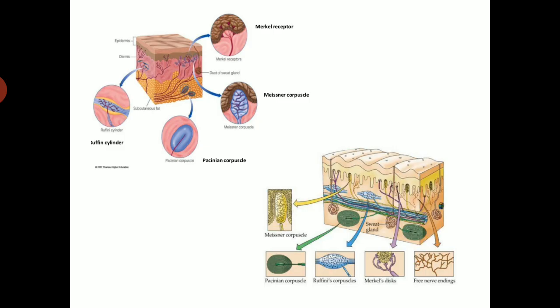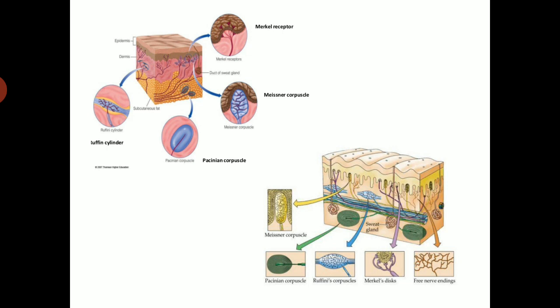Since they are rapidly adapting, the generated action potentials quickly decrease and eventually cease. This is the reason why one does not feel one's clothes. If the stimulus is removed, the corpuscle regains its shape, and while doing so causes another volley of action potentials to be generated.